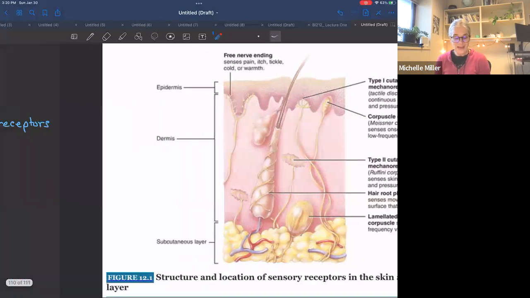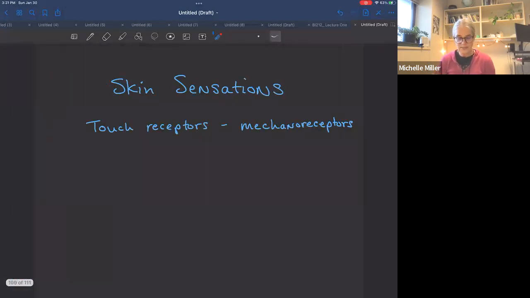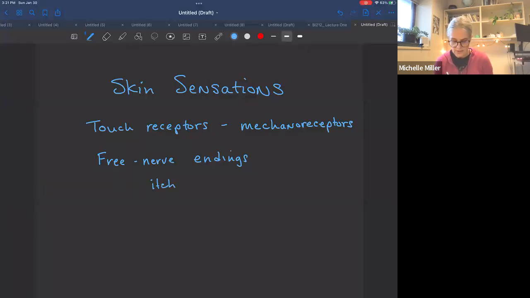When we look at the other types of receptors, we have what are called free nerve endings. And these include the sensation of itch. So there's itch receptors. There's also temperature receptors.